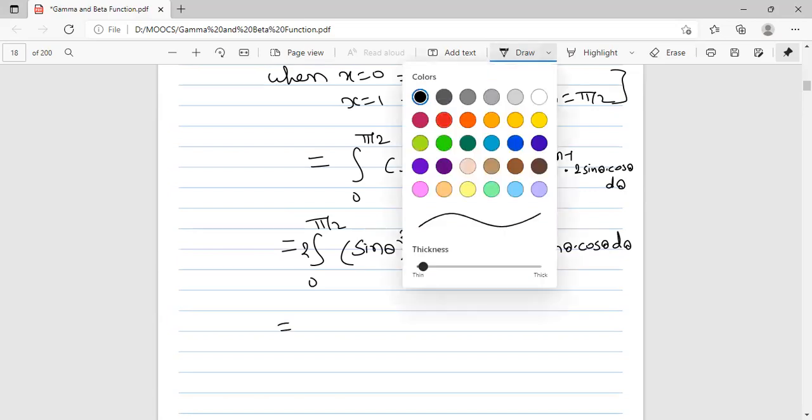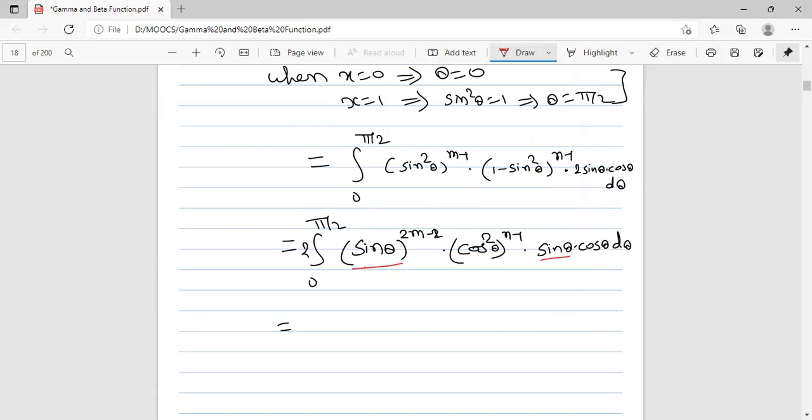Now I will simplify this sine function and this cos square function. We'll get 2 into integration 0 to pi by 2 sine theta raised to power 2m minus 1, because the power is 2m minus 1 and the power of this sine theta is 1.